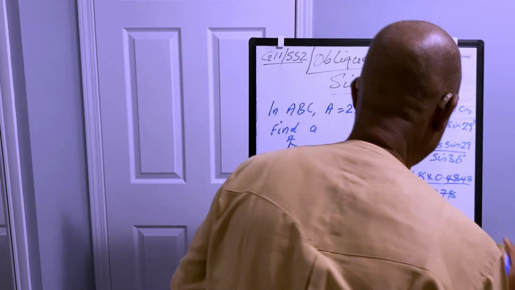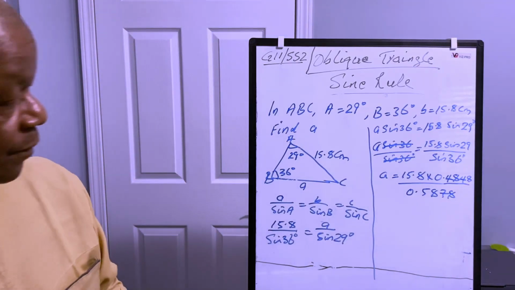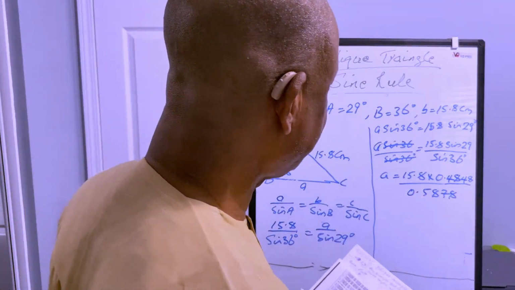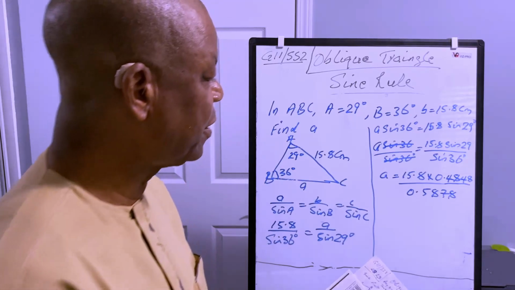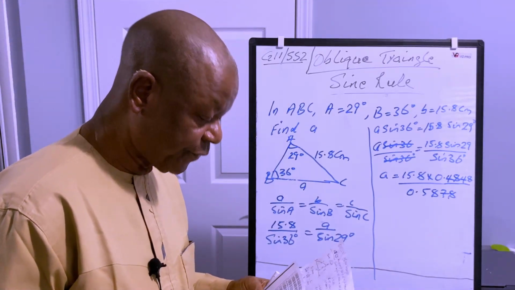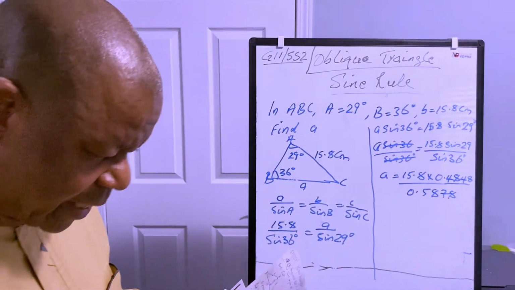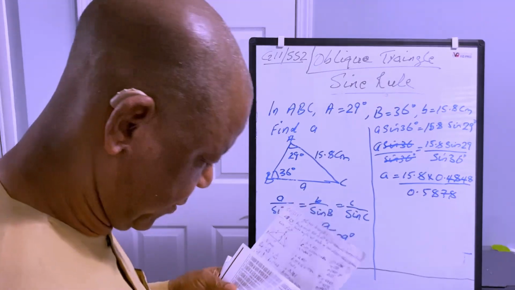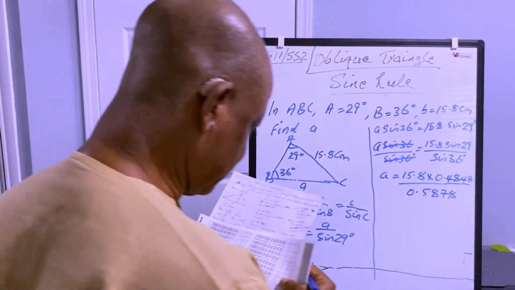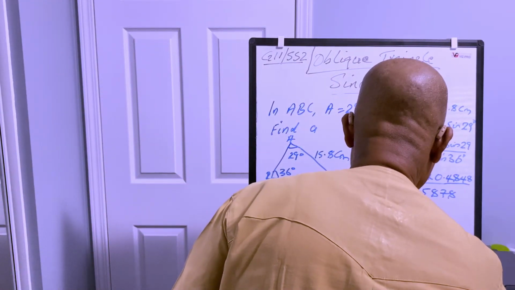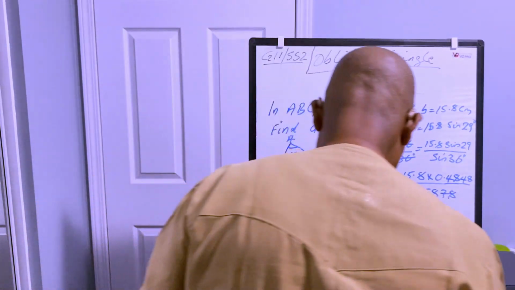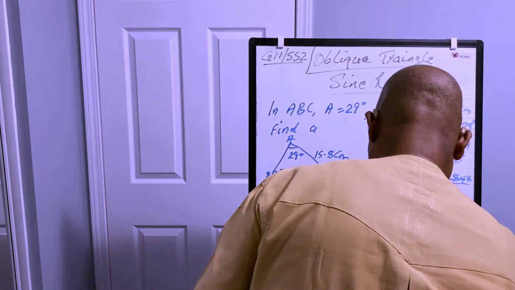We now multiply 15.8 times 0.4848. We can do that from a functional calculator. When we do that, it's now going to give us 7.6598.